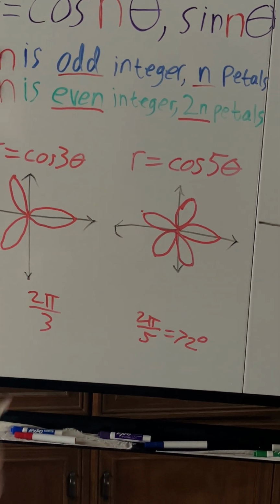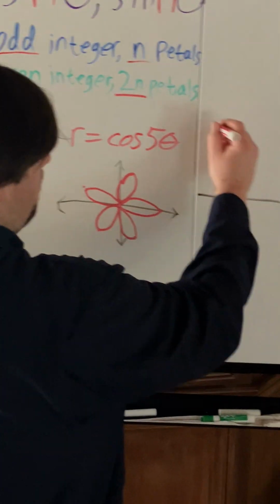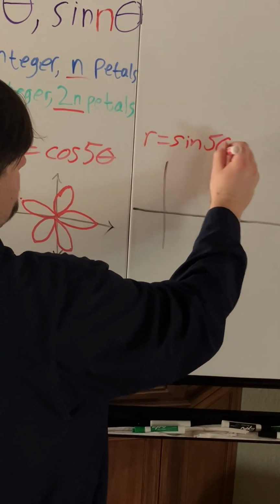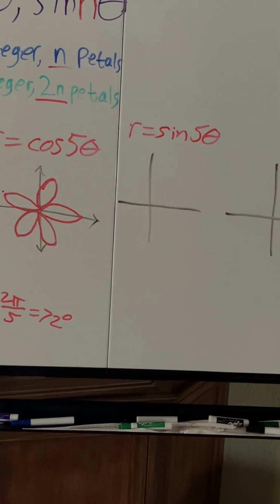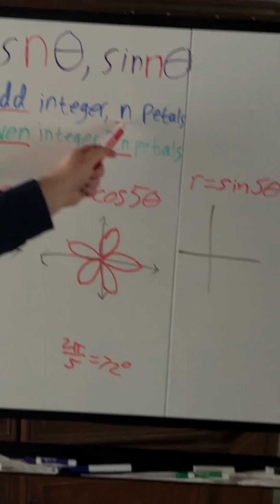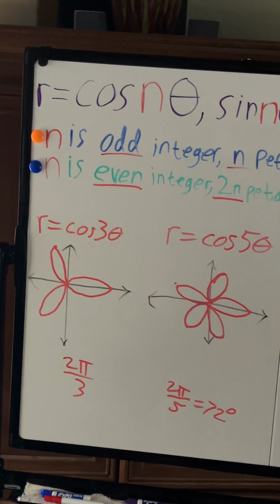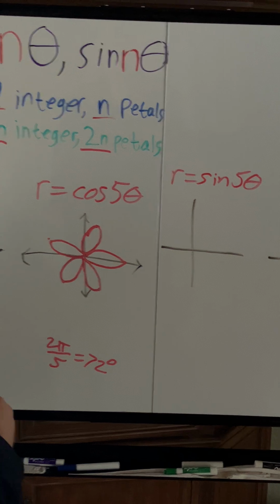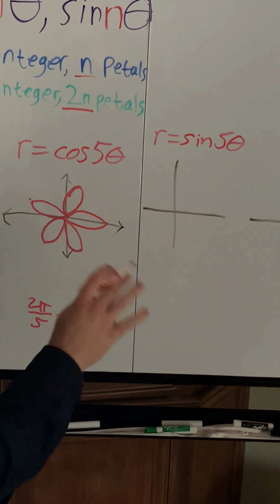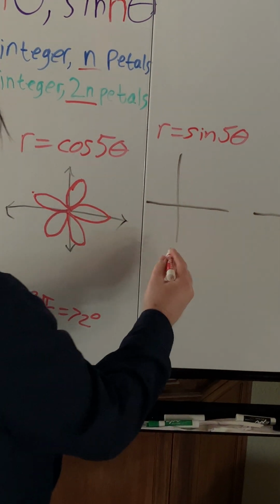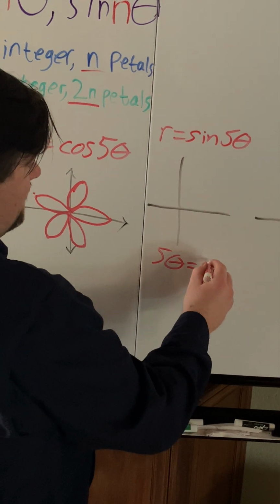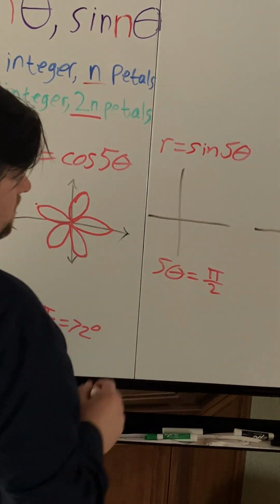Now, let's say we have r equals sine 5 theta. Well, sine's a little bit different. We still know it's an odd number, so there's going to be 5 petals, but we don't have the luxury of just making our first one at 0. Basically, we know our, quote, first one is going to be when 5 theta is 90, or pi over 2.